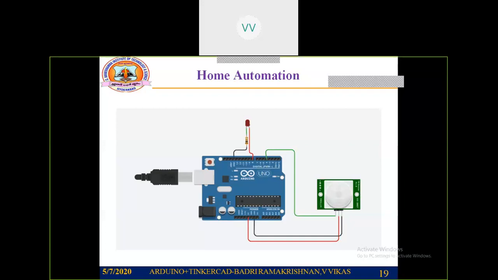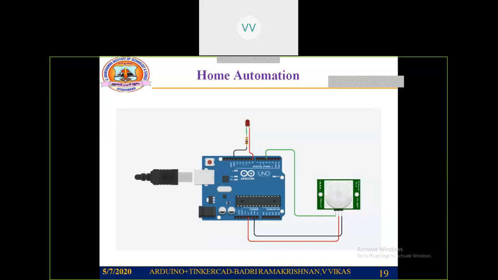If no one is there in the room, try to switch off the light. Or maybe I can consider this application: if someone is coming in front of the door, then try opening the door. Instead of an LED over here, I can have a door which opens when someone moves in front of that particular PIR sensor. Basically PIR stands for passive infrared.